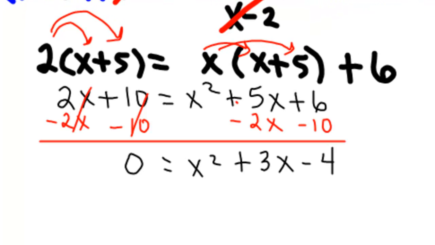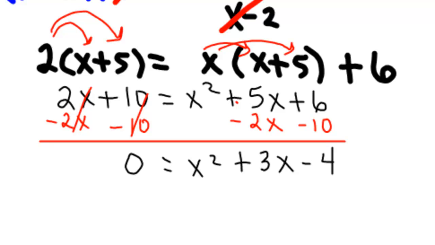Subtract 2x from both sides and subtract 10. Remember, we want to set the equation equal to 0. Now we have 0 is equal to x squared plus 3x minus 4.